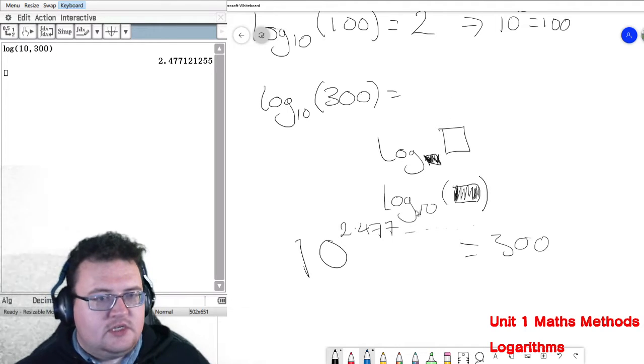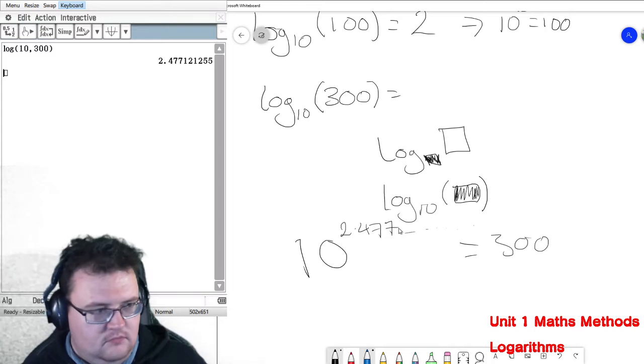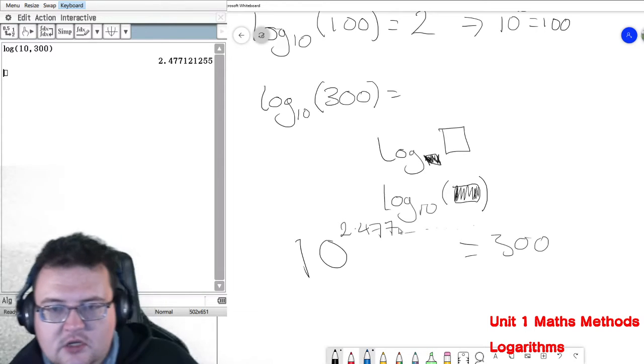So logs can also be used as a way of solving equations.